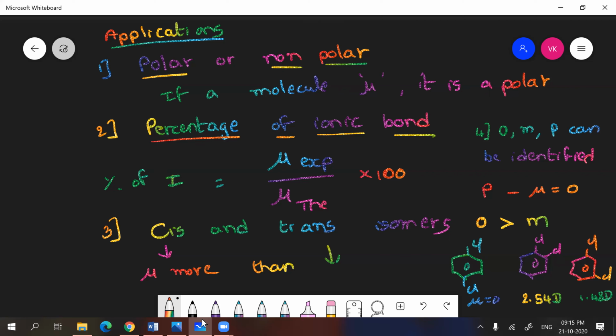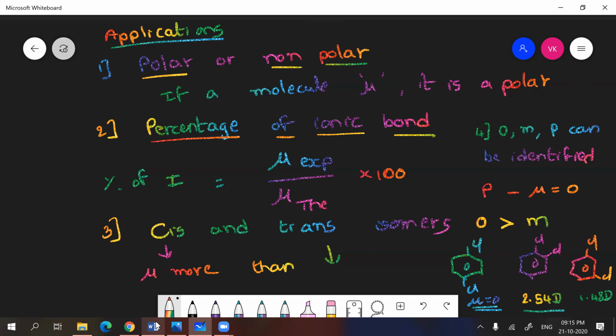So what is the order here? This one has more. So generally ortho groups have a higher dipole moment value than meta, and generally para will have 0. So in this way, you can apply the dipole moment concept to know the nature of molecules in various ways.